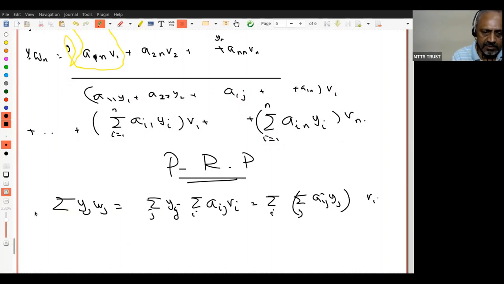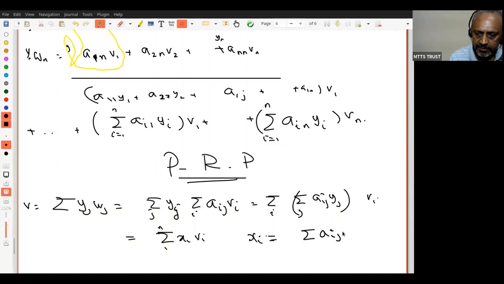But notice that this is a vector v. This vector has a unique expression, namely xi vi. Therefore, I know what xi is. xi is the summation of aij yj, j equal to 1 to n.